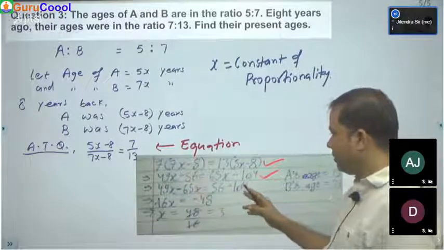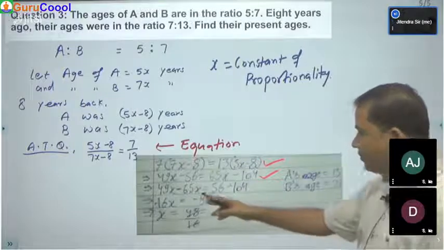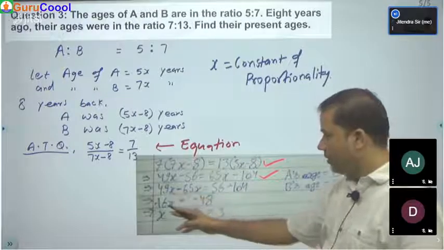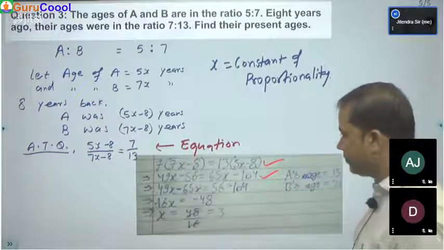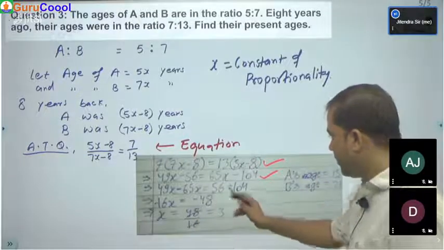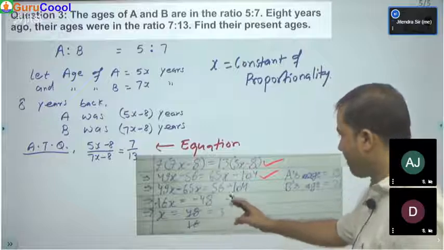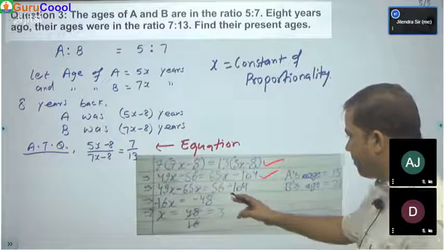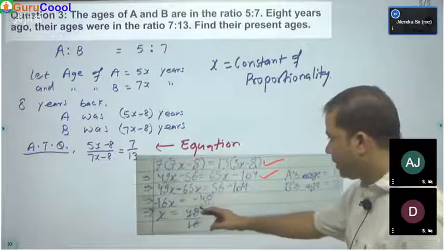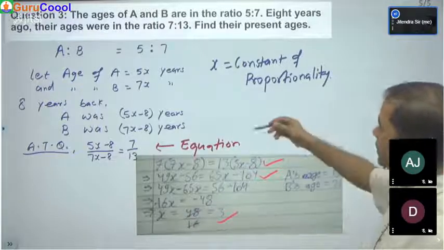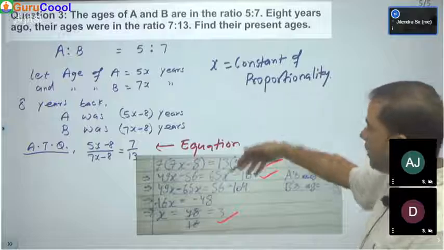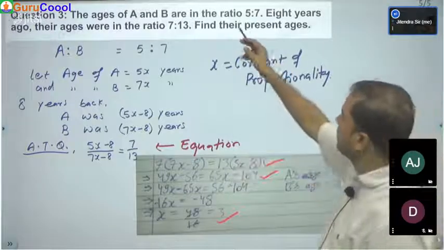And 56 minus 104 is minus 48, 49 minus 65 is minus 16. So x is equal to 3. That's good, but this is not your final answer. You have found just x. It is asking for their present ages.